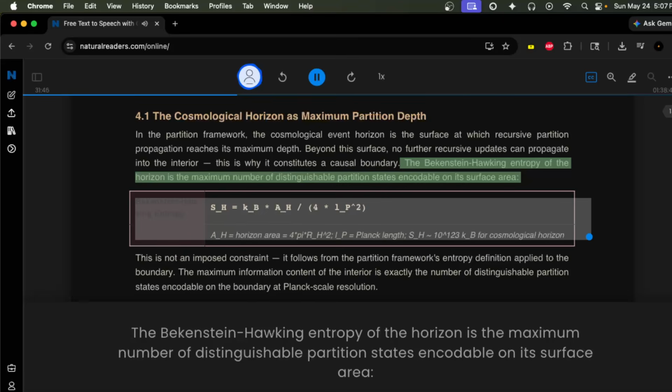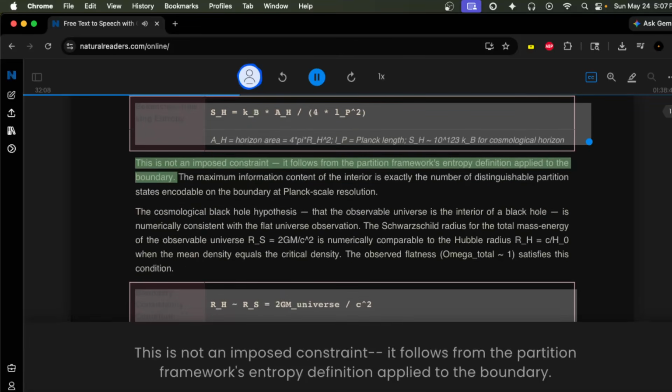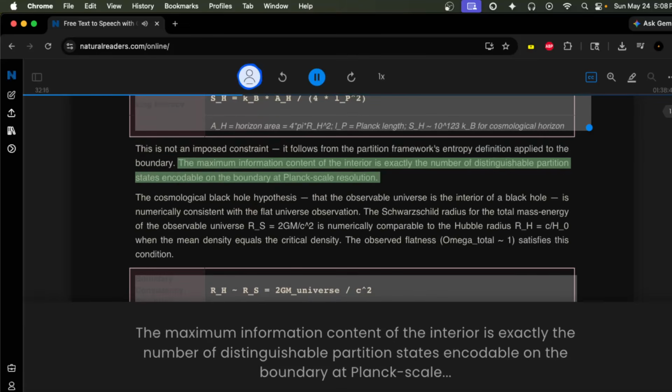The Bekenstein-Hawking entropy of the horizon is the maximum number of distinguishable partition states encodable on its surface area. This is not an imposed constraint, it follows from the partition framework's entropy definition applied to the boundary. The maximum information content of the interior is exactly the number of distinguishable partition states encodable on the boundary at Planck scale resolution.